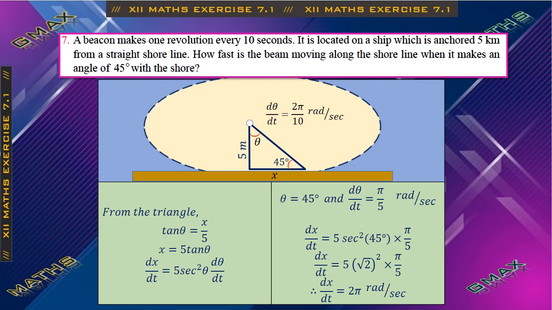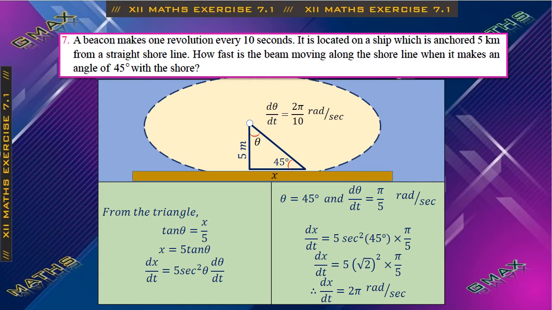Here it is given that the light makes 45 degrees. At what rate the beam moving along the shore will change, that we are going to find. Here the angle theta of the rotation of the light is changing.